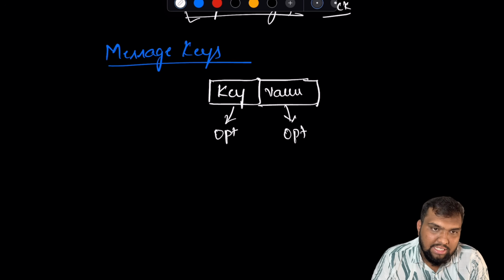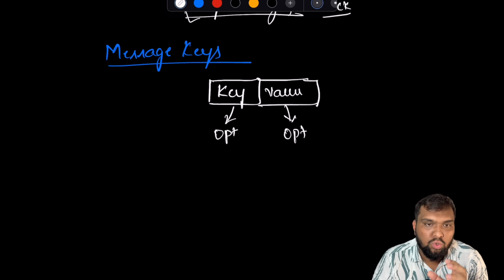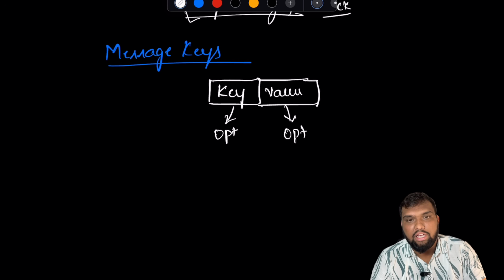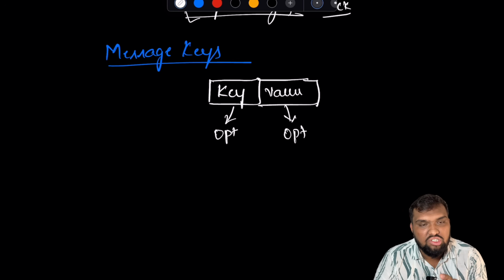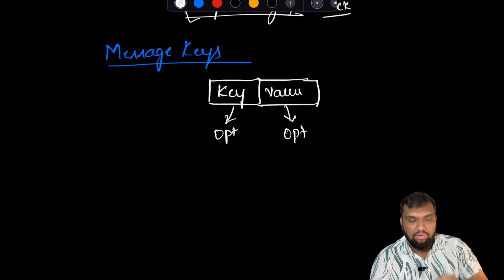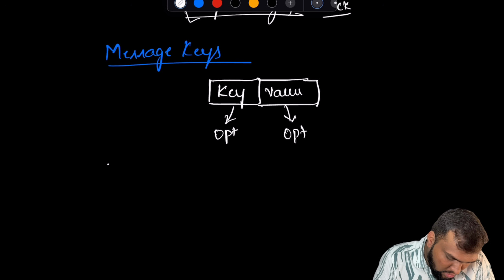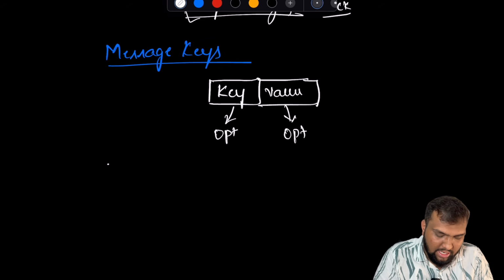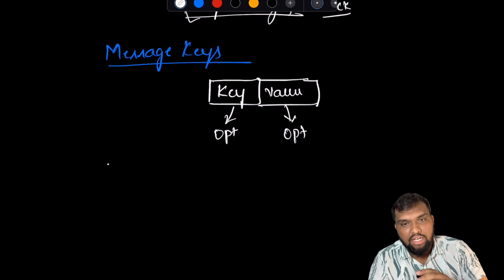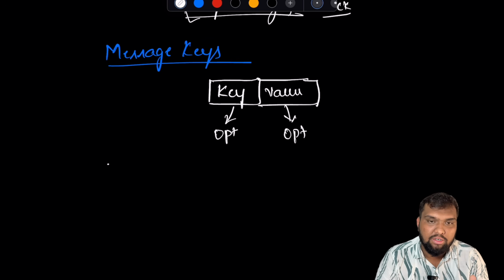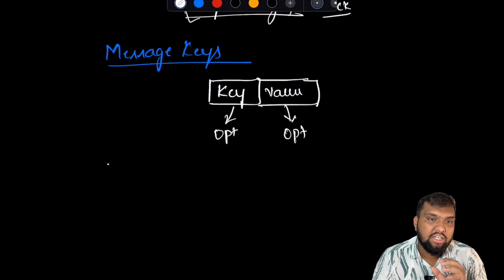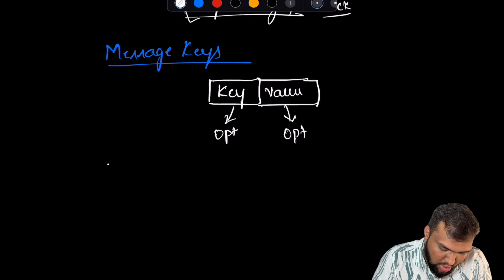In the case where the key is set to null, meaning it is not set by the producer, messages are distributed evenly across the partitions in a topic. Let's take this: if key equals null, it's not specified by the producer, meaning messages are distributed across all the partitions in a topic, and messages are sent in a round robin fashion.